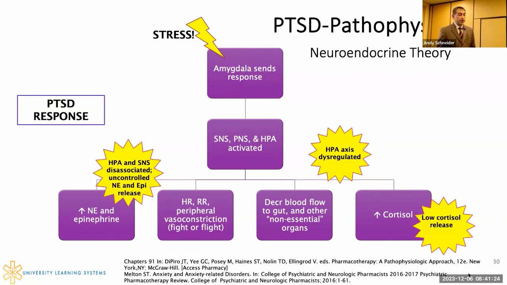And what ends up happening in PTSD is the HPA axis gets dysregulated. So even the cortisol levels are dysregulated, and they're not occurring the way they should. Also, your parasympathetic and sympathetic nervous systems start to get dysregulated, and that increases your PTSD response.